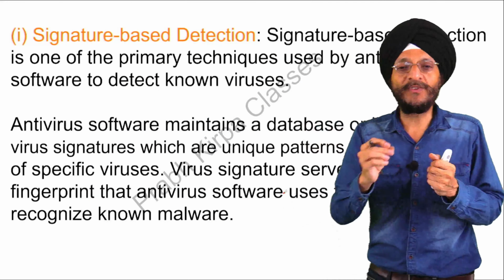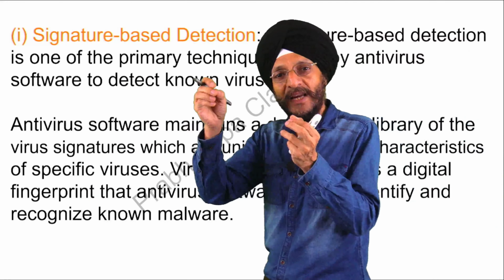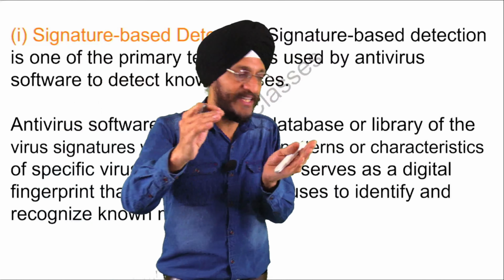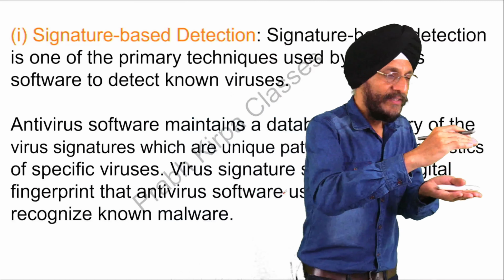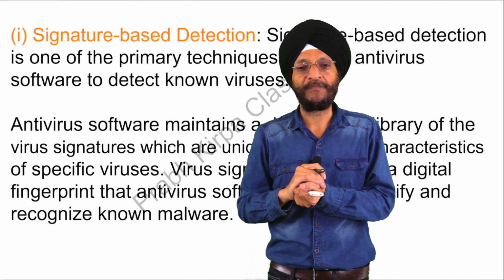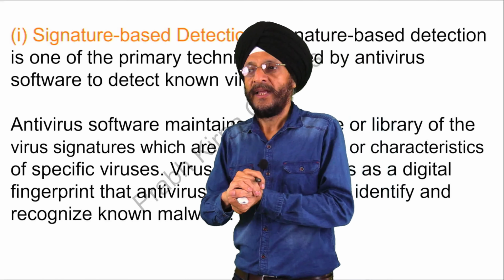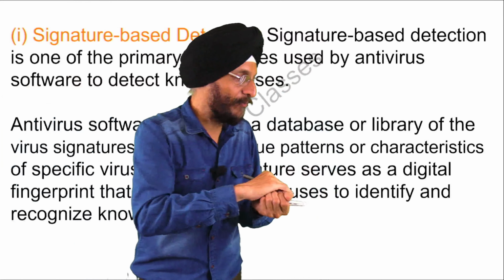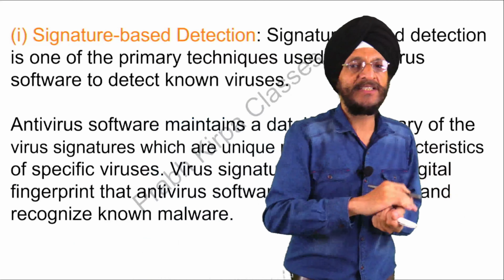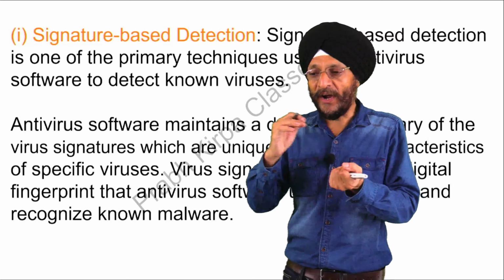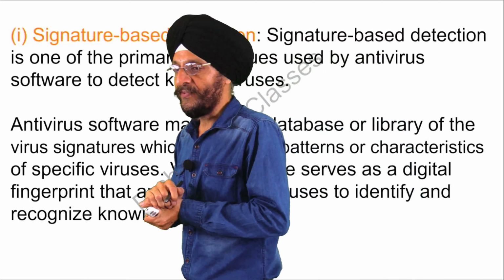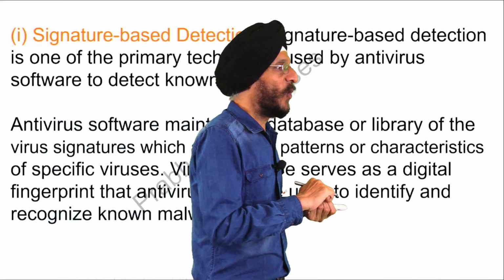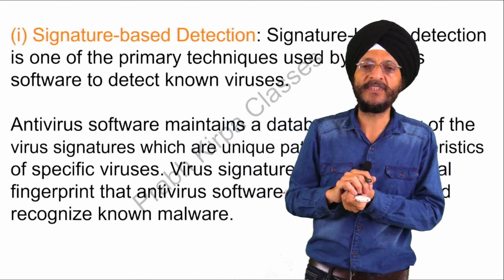The signatures of the viruses are created by the cyber security experts, and these signatures are kept in the library, and the antivirus software makes use of this library of signatures to find out whether any malicious software or virus is present in the computer system.